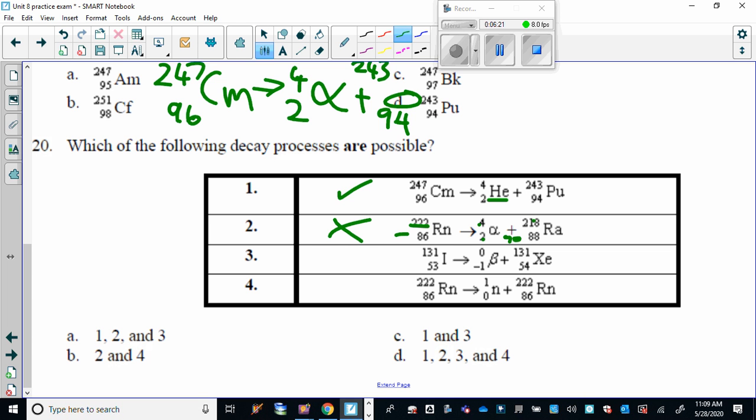So no, that is not balanced. Is number 3 balanced? 131, 131. 53, -1, and 54 is -53. So yes, that one is balanced. And what about the one on the bottom? Is that one balanced? No, it is not balanced because the top is not. 2, 2, 2, 1, and 2, 2, 2. Answer is 1 and 3.